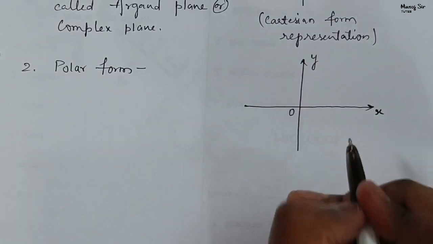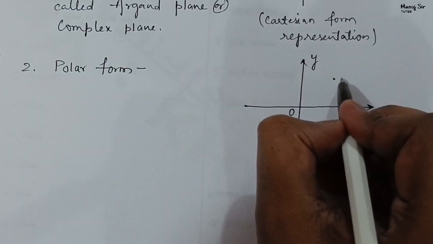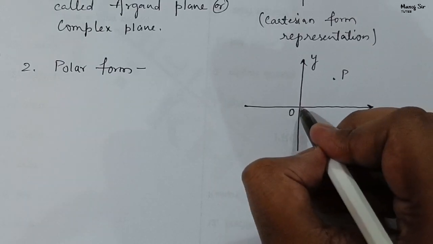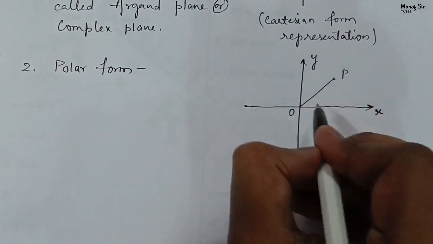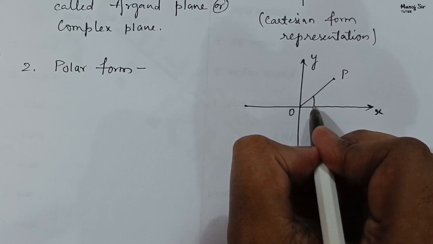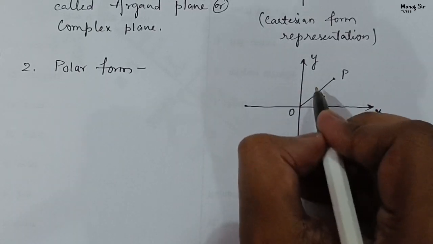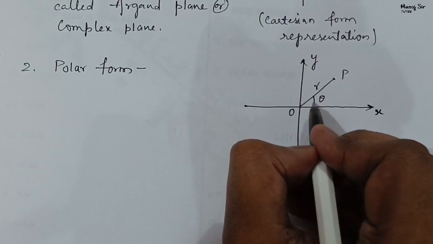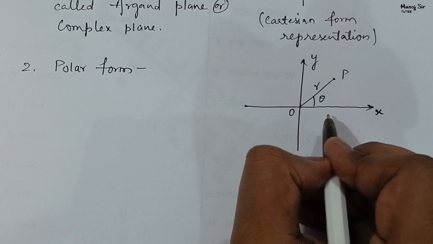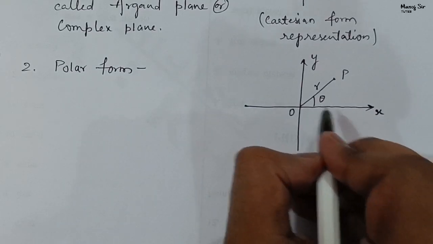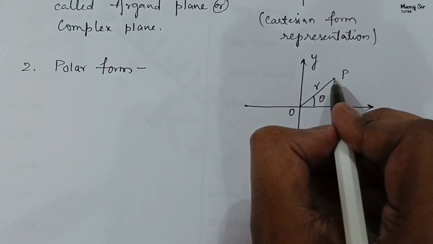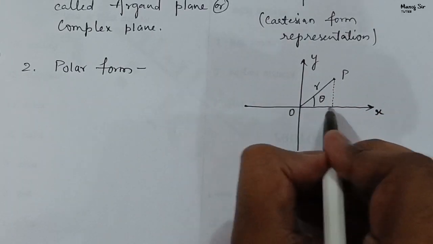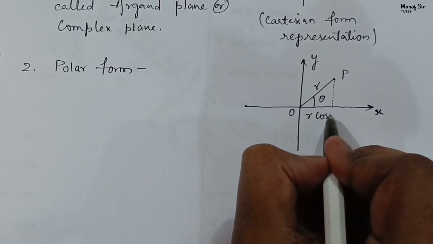This is the origin O. Suppose we have a point P which is at a distance of r from this origin, and this angle is theta. This distance is r, and the angle made with the x-axis, or real axis, is theta. Now if you project this onto the x-axis, this distance would be r cos theta.